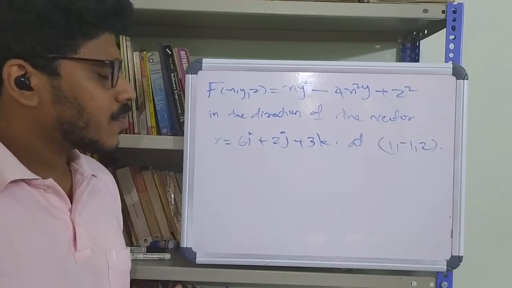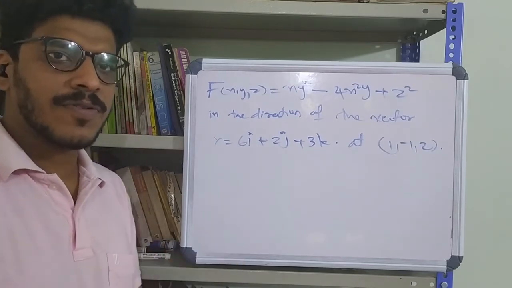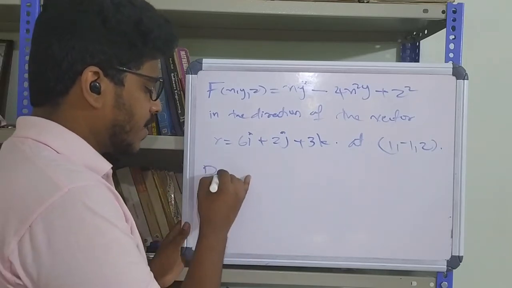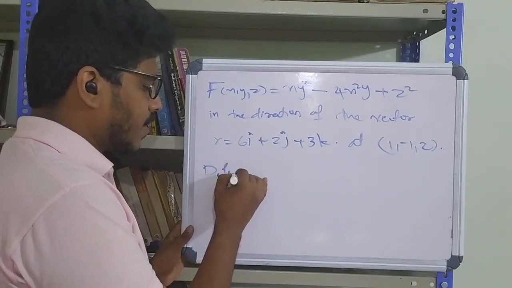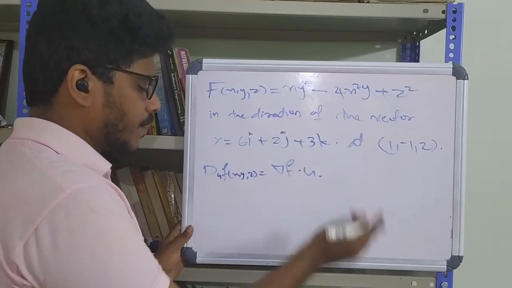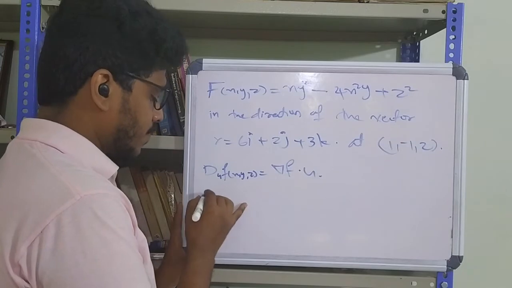Alright. So we will use the dot product formula to find the directional derivative here. So the directional derivative D_u f of x, y, z can be found as grad f dot u. So what is the gradient of f here?